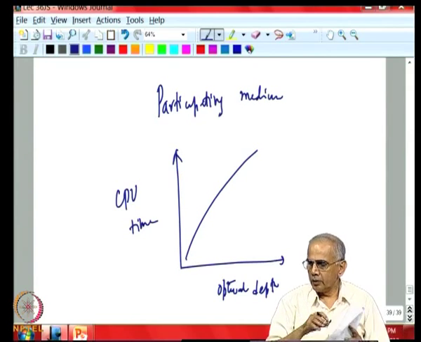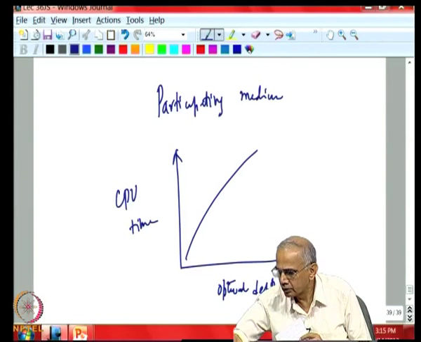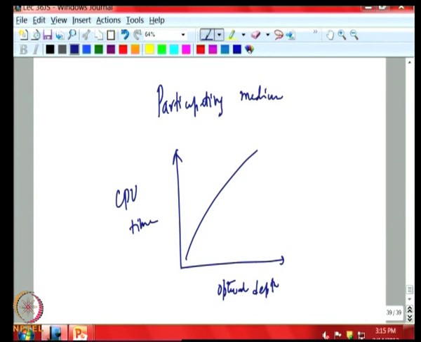So, now with that we close our discussion on Monte Carlo, and the best way to learn Monte Carlo is to really solve a large number of problems with the Monte Carlo package and get a feel for the way Monte Carlo behaves in practice.